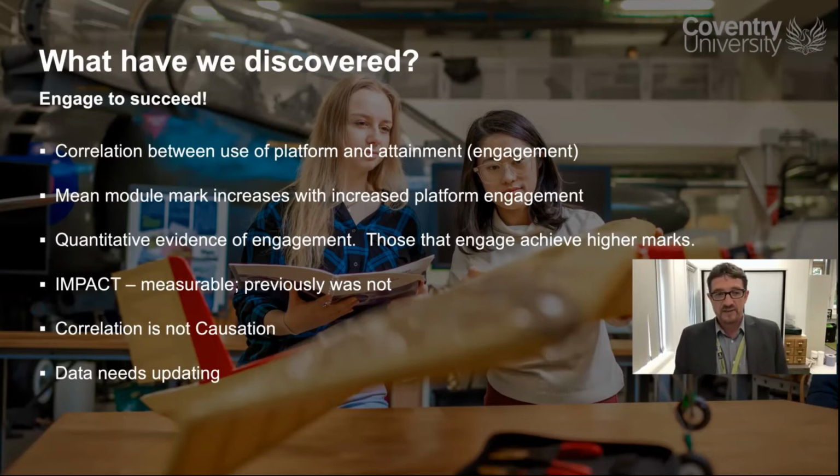And I think the key thing for us is that we have quantitative evidence of engagement. So the fact we've actually got some data that we can attach to attainment, just to say this number of these students are actually engaging.